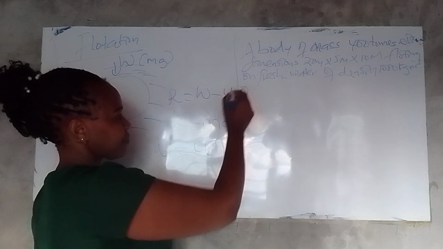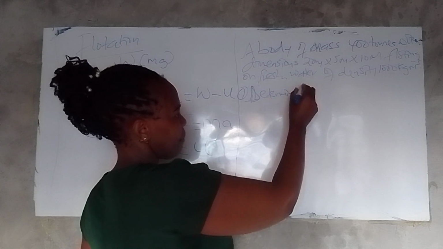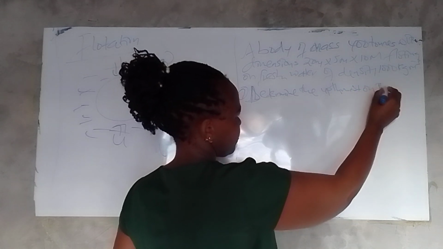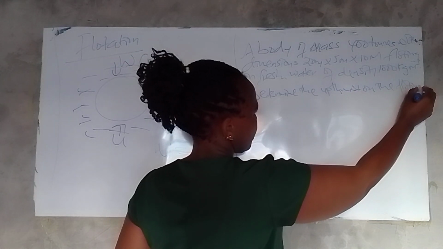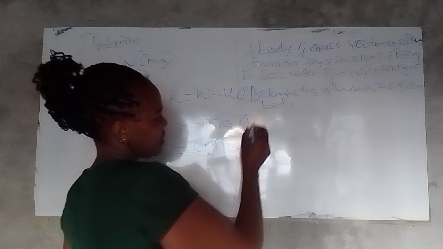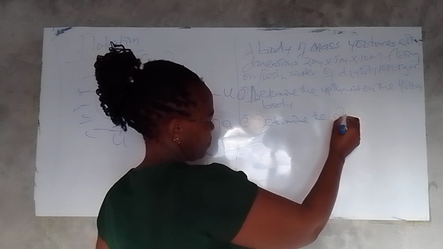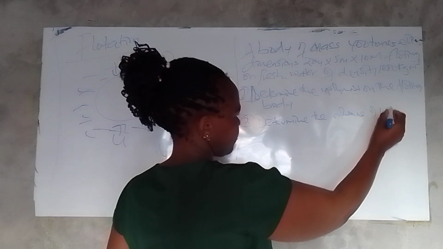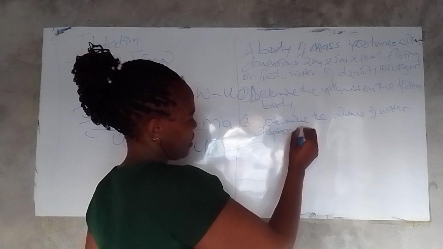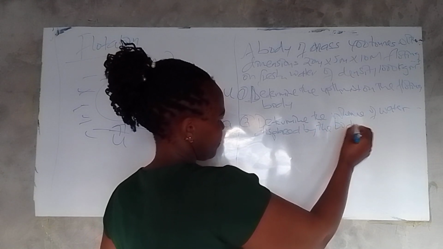So question number 1, determine the upthrust on the body. Question 2, determine the volume of water displaced by the object or by the body.